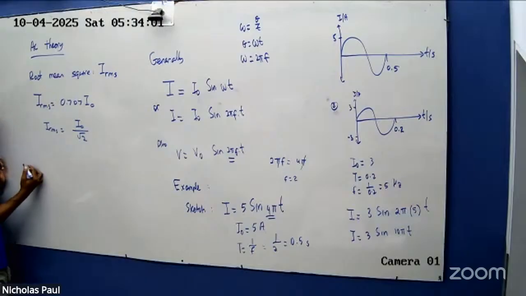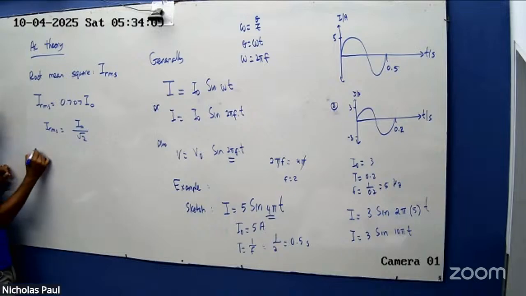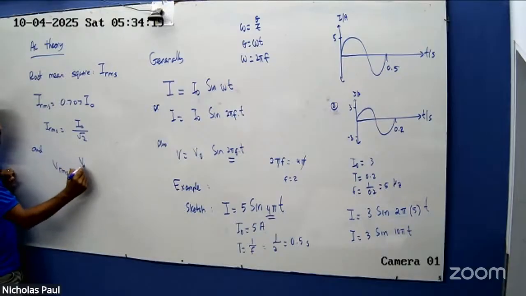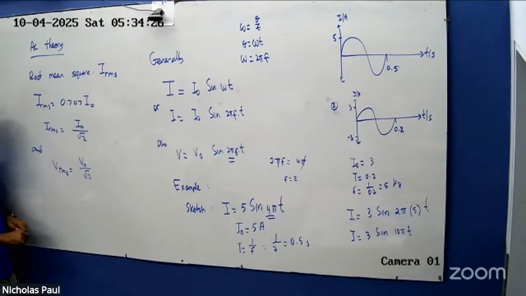If you prove it and do the integration, you'll get it. So your RMS values are what you're using in calculations, right?